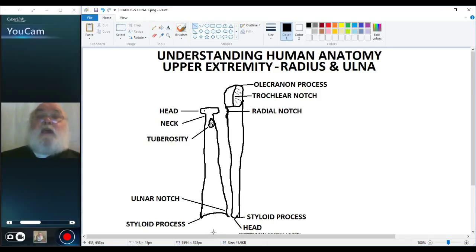So each bone has an indentation, a notch, which is an articular surface, and the notch on each bone articulates with the head of the other bone.